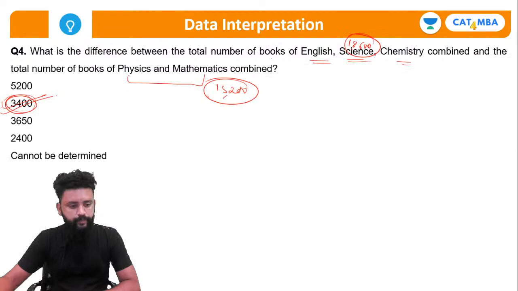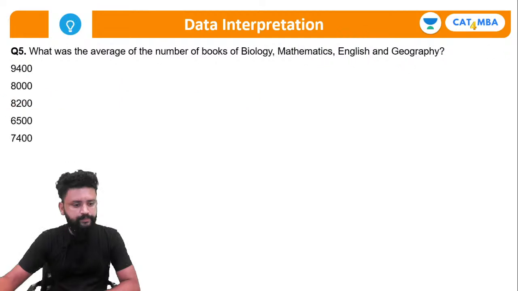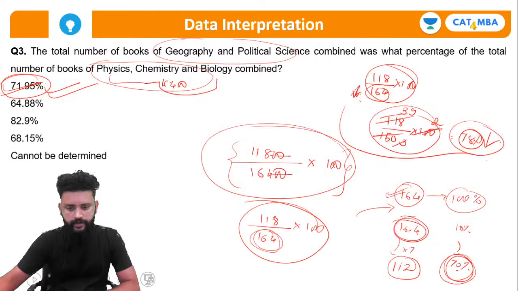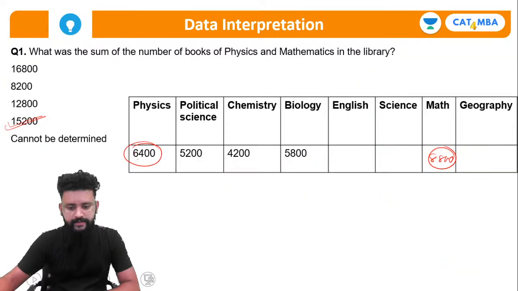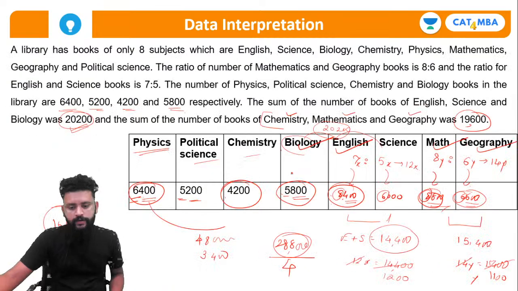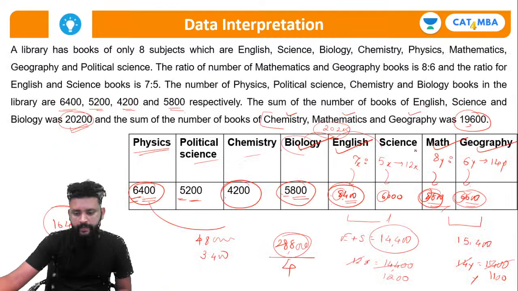Let's quickly cross check once. What's the average of bio, maths, English and geography?